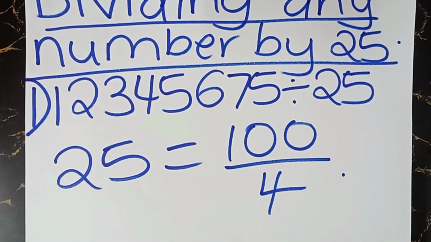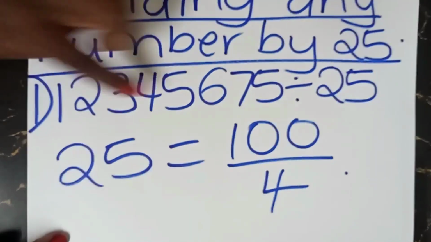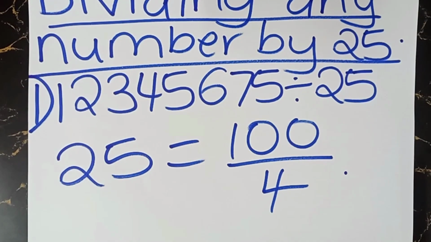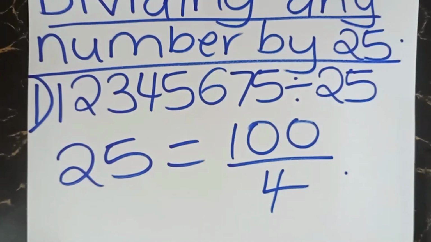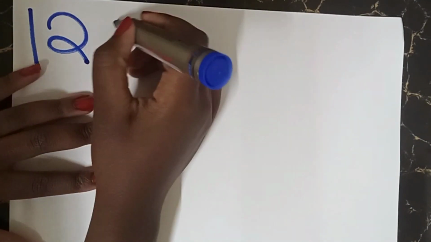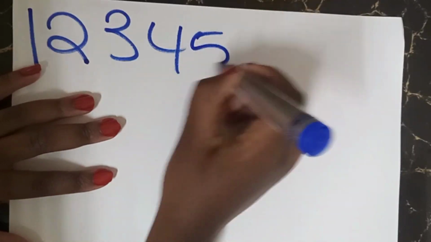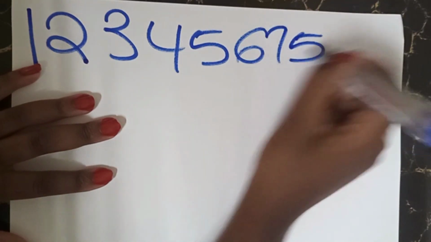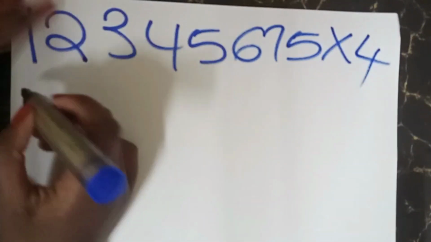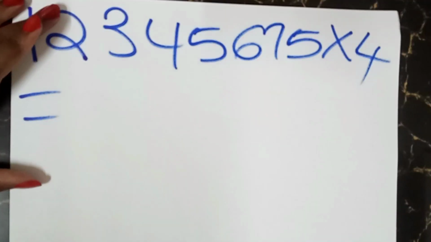So, the first step is to multiply this number by 4. Are you together? So let's do that.